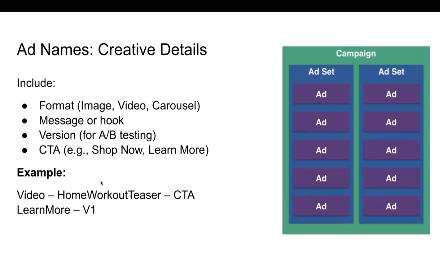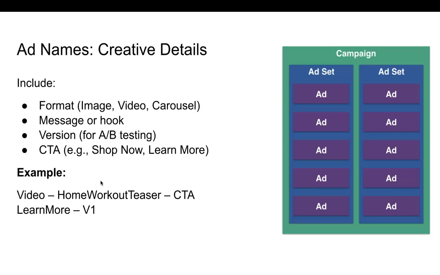Now, with our ad name, this is a little bit more creative detail, because the ad is the one that holds the actual creative image, video, or carousel. It also holds the ad copy, and normally, depending on if you're doing A/B testing, you're going to have different versions that you're testing, and then we also could include the call to action.